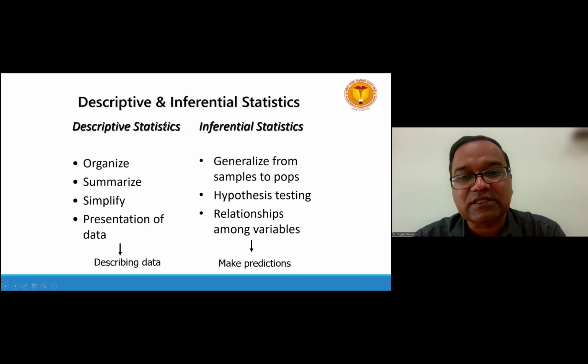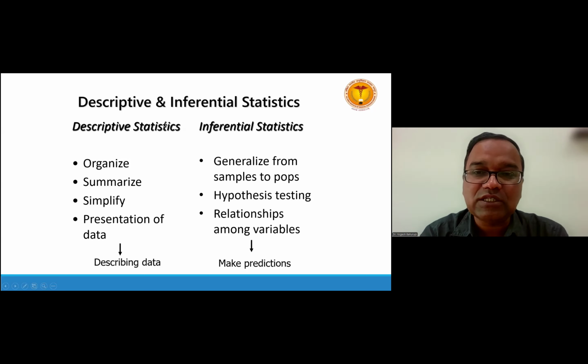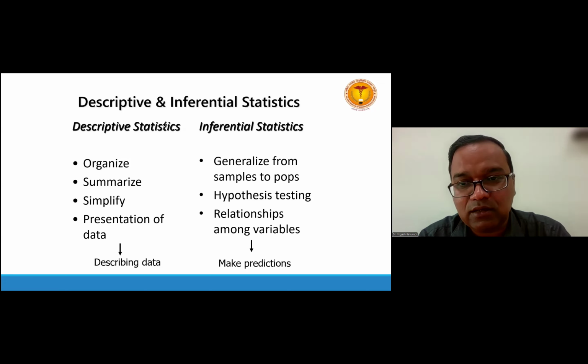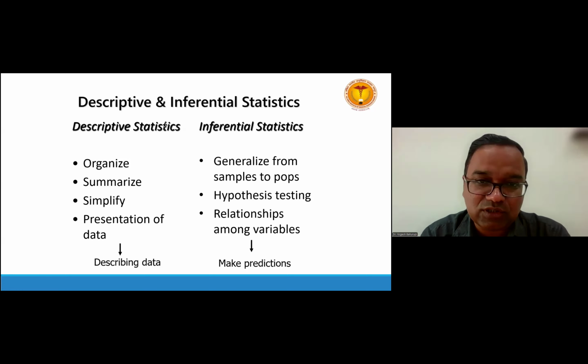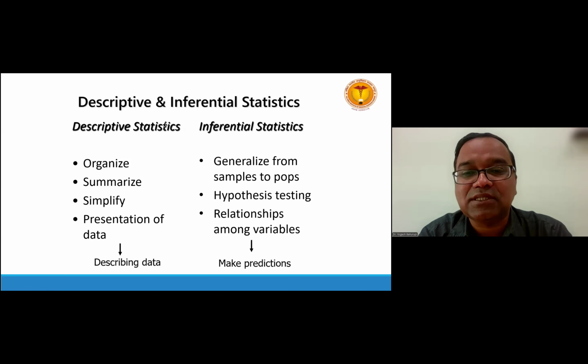Coming to the inferential statistics. Inferential statistics, as the name suggests, is deducing certain inferences from the available data. Basically, we have to generalize the findings from our data to the larger population, which my previous speaker spoke about when he spoke about sample size calculation.